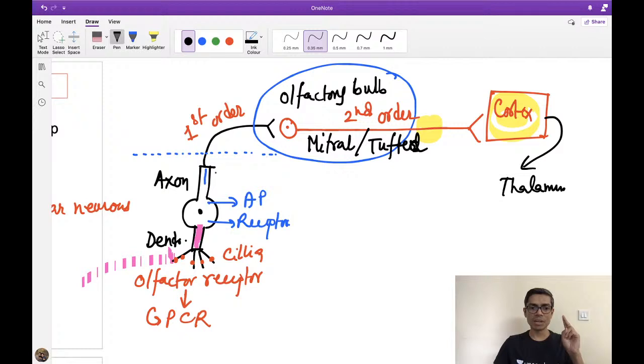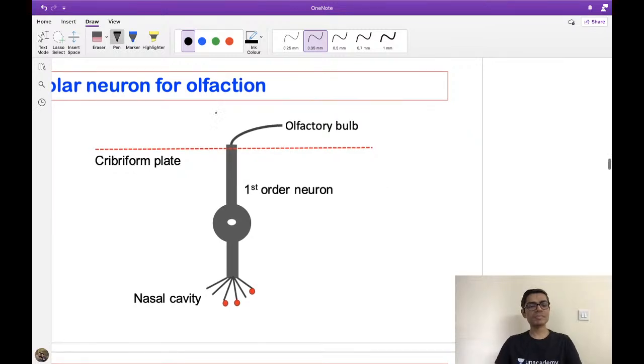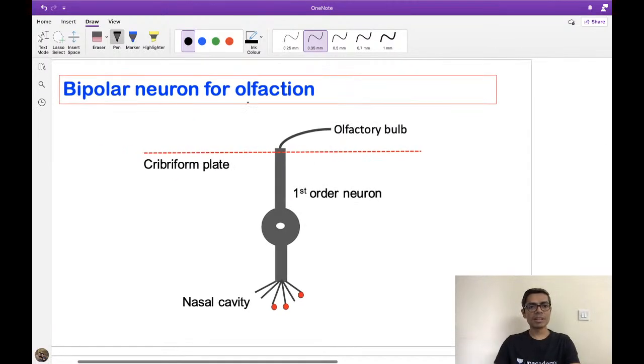The first neuron is the bipolar cell, which is located at the olfactory sensory epithelium, and the second order neuron starts at the olfactory bulb. Here the mitral and tufted cells are the second order neurons, and they directly reach the cerebral cortex. This is the same diagram I am showing you here. Look here: this is the bipolar neuron for olfaction, exposed to the nasal cavity, and these are the olfactory receptors.